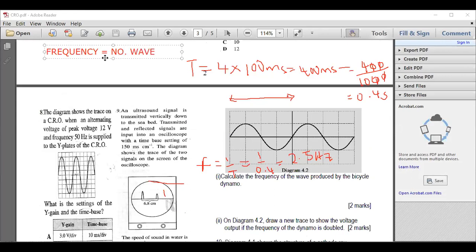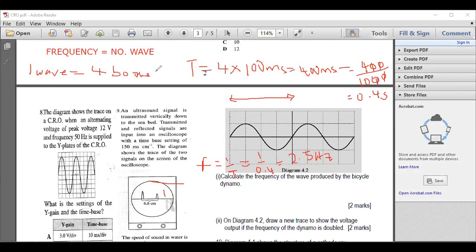That means how many waves we make in 1 second. Without doing any calculation, look at what happened here. For one wave we use 4 boxes, correct? 1, 2, 3, 4. So one wave uses 4 boxes.